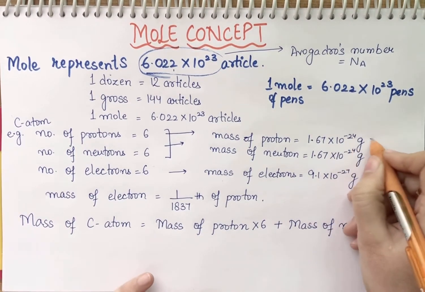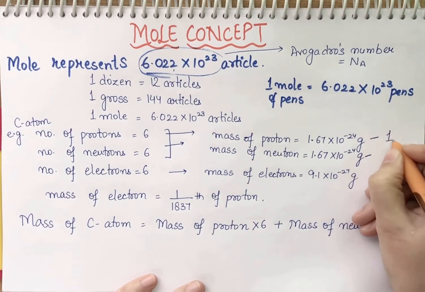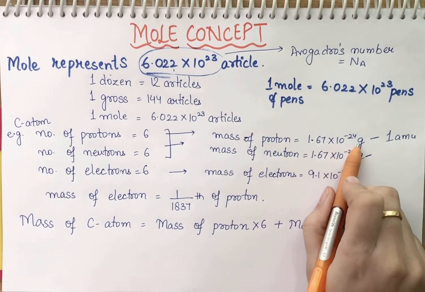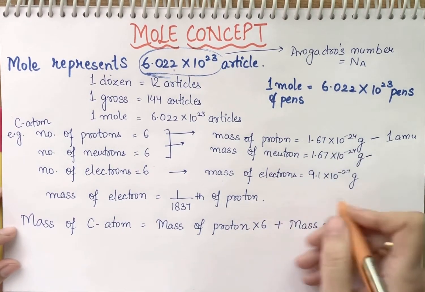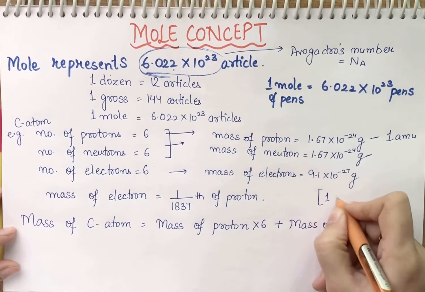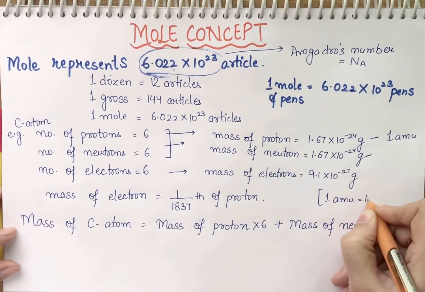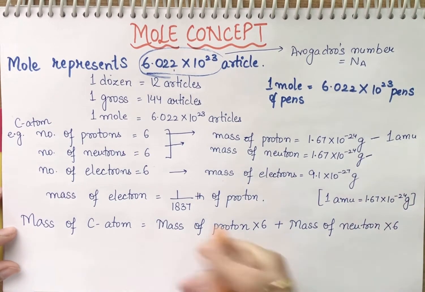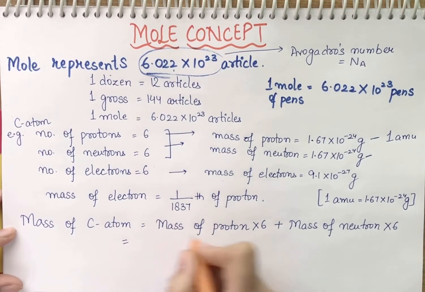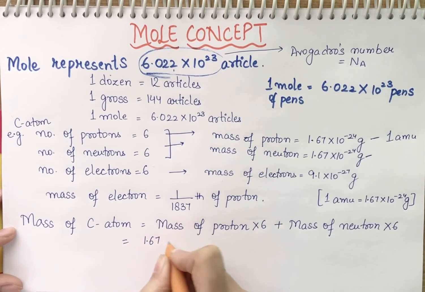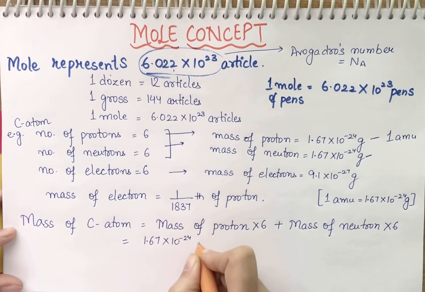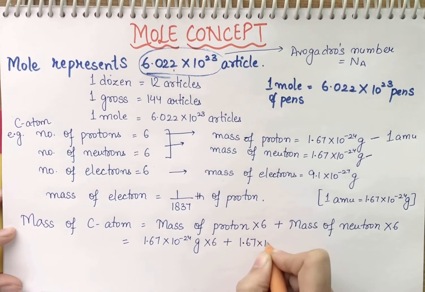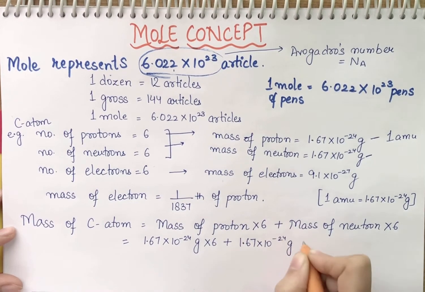Now these masses are known as AMU, 1 AMU equal to 1.67 into 10 raised to power minus 24 gram, right? So mass of a proton 1.67 into 10 raised to power minus 24 gram into 6 plus 1.67 into 10 raised to power minus 24 gram into 6.